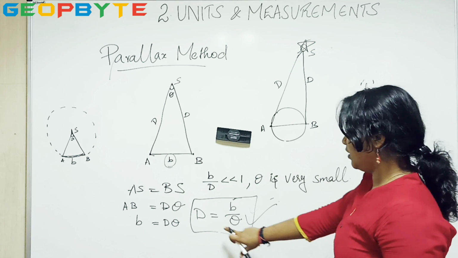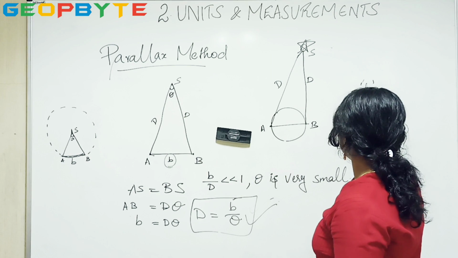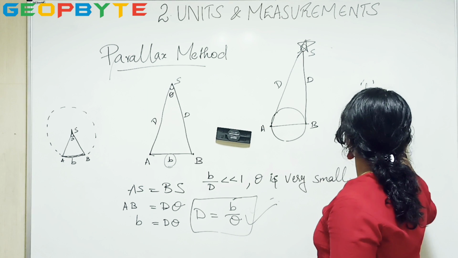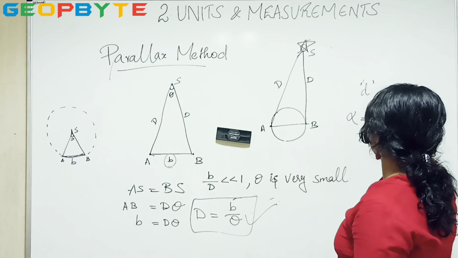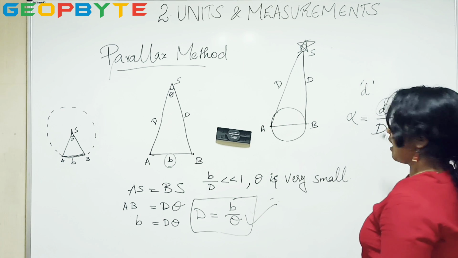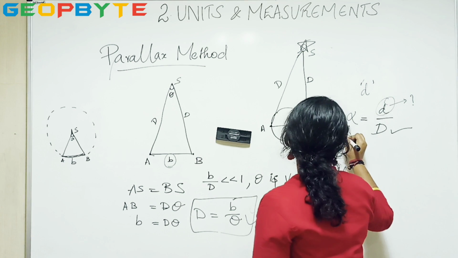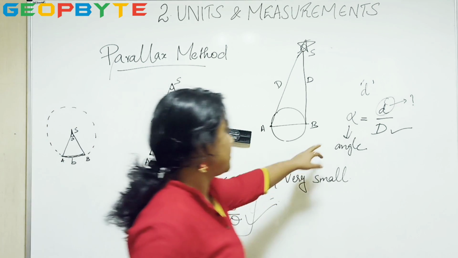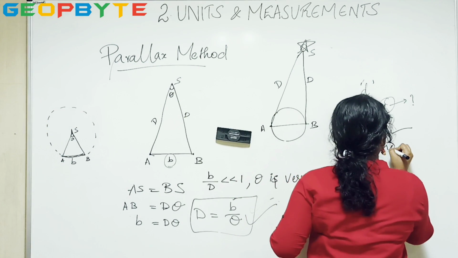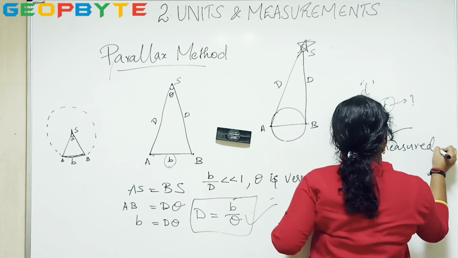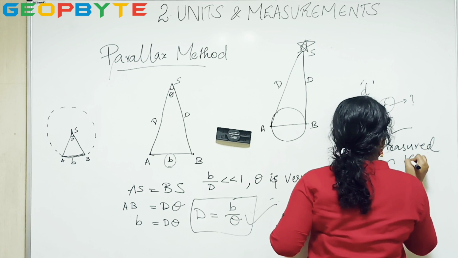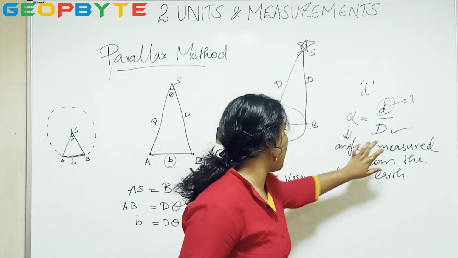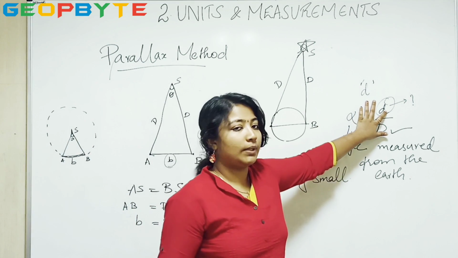For that, we already know this D. So alpha is equal to d by D. This you have already found, and this is the one which we have to find. So alpha is the angle measured from the Earth. That is this alpha. You know this D, so substitute it and you will get d.